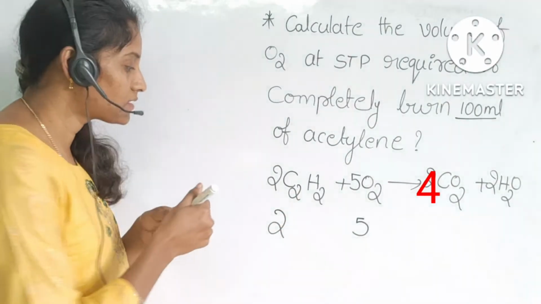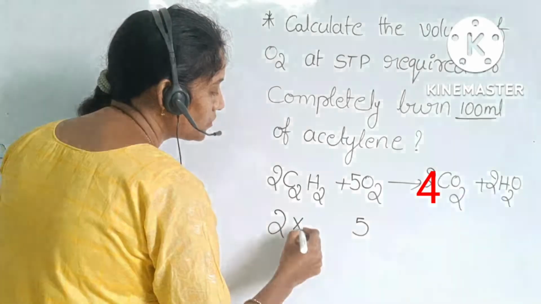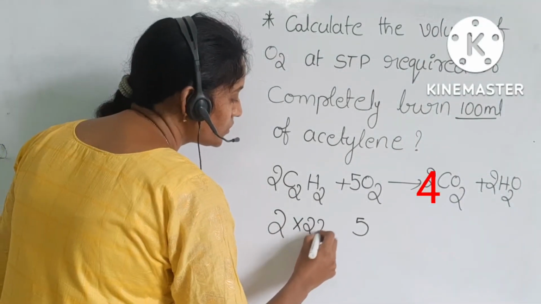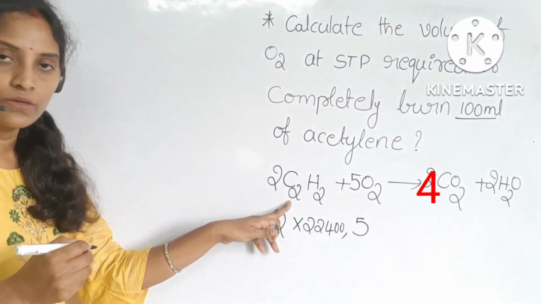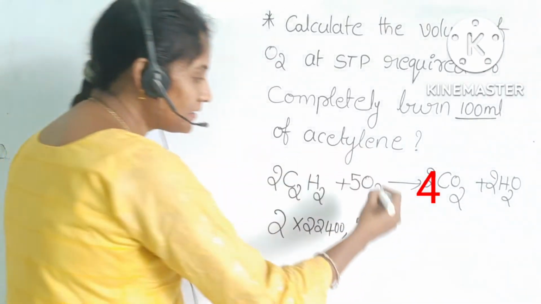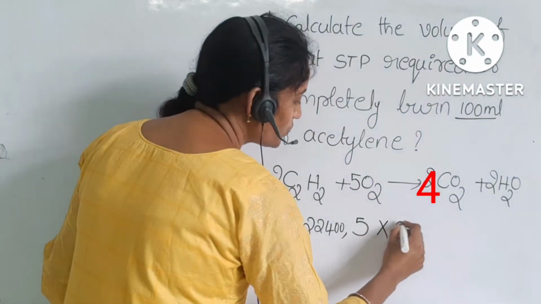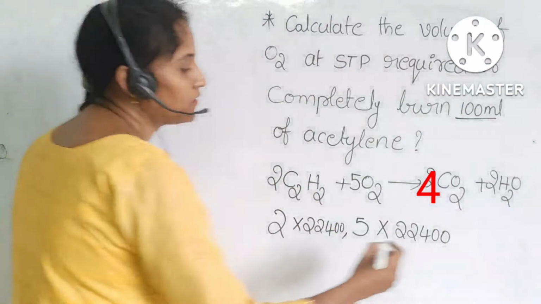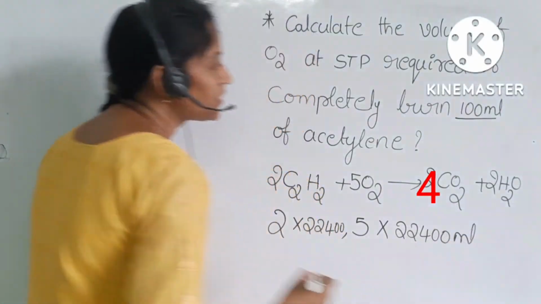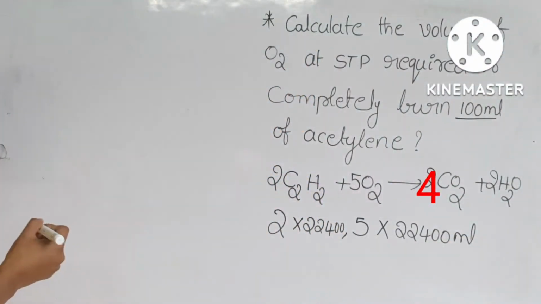So 2 acetylene molecules are there, so you can multiply 2 into 22,400 volume of this acetylene, and then here also 5 into 22,400 ml. So now you can frame the calculation part for this problem.